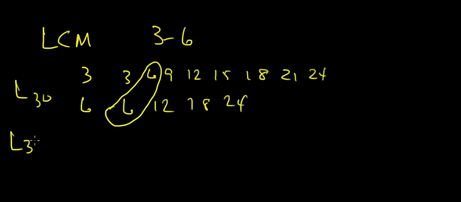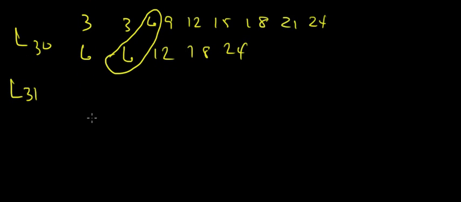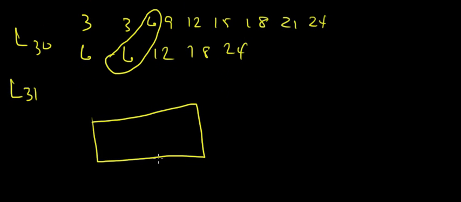This next one is going to come from lesson 31. And in lesson 31, the question is a rectangle. I'm going to draw a rectangle. It is 8 inches long and 6 inches wide. How many 1 square inch tiles are needed to cover this area? Okay, now we're talking about the area, not the perimeter. So we know area equals length times width.